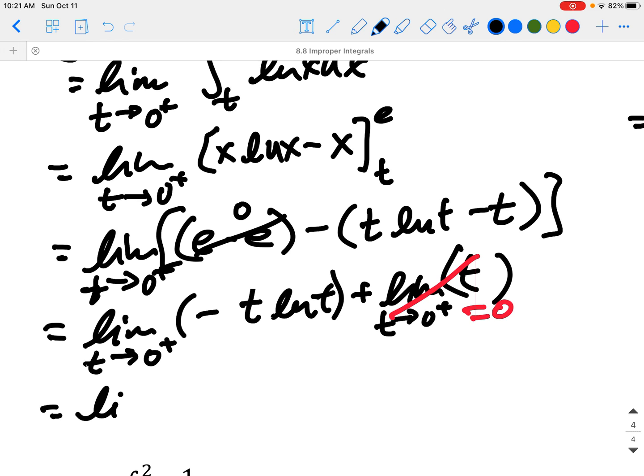So let's go ahead and get to the limit as t approaches 0 from the right of, we can write this as ln of t over 1 over t. The negative sign doesn't matter, so we can just leave it in the top.